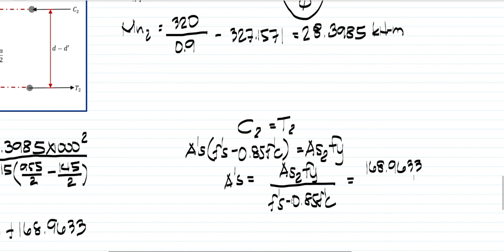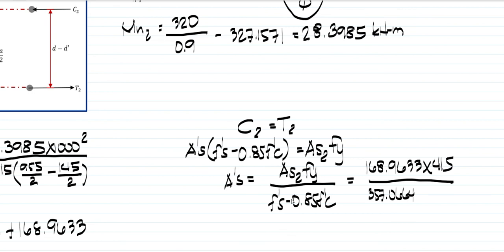Yung kaninang nakuha natin, times 415 divided by the F prime S, which is 357.0664 minus 0.85 times 21.